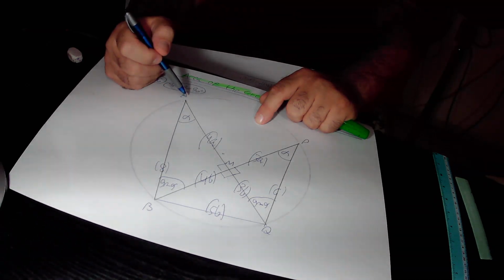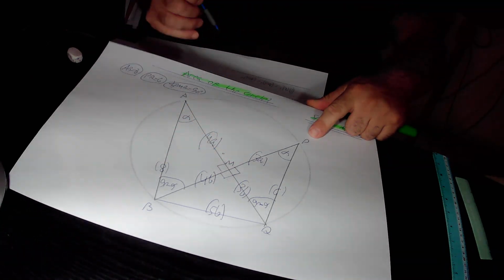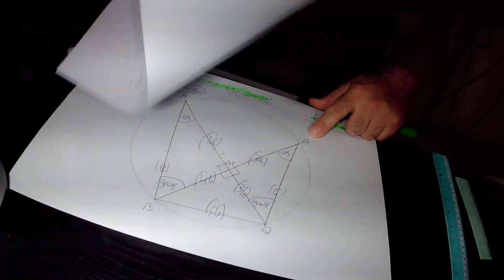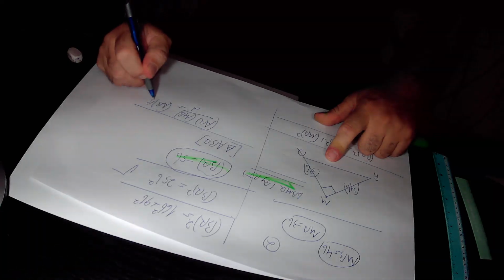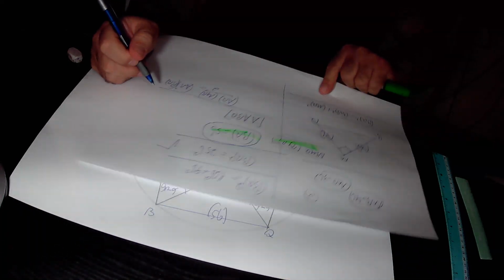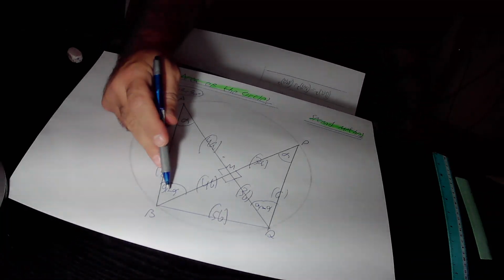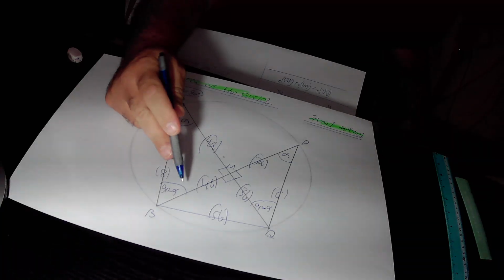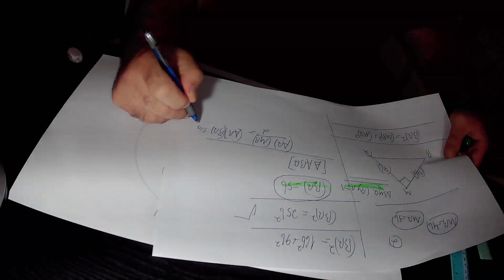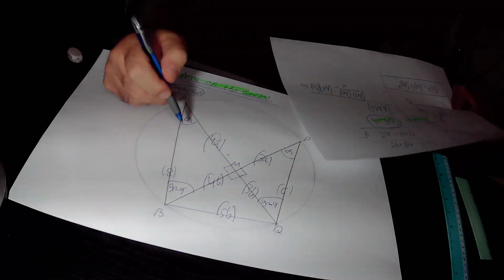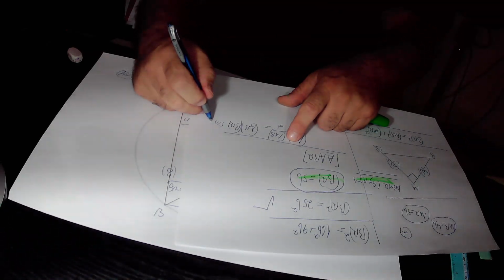This is actually side AB times side BQ times sine the angle between side AB and side BQ. So it is sine angle ABQ.